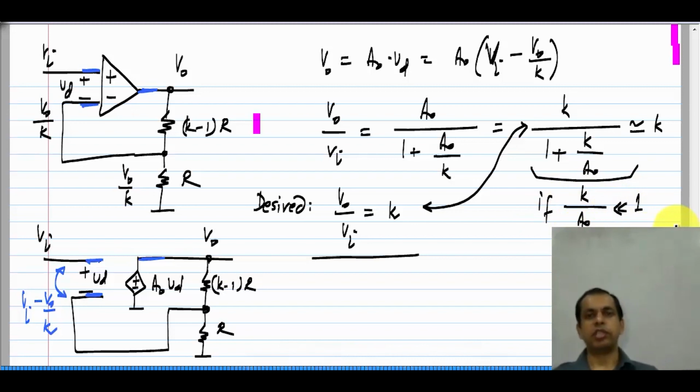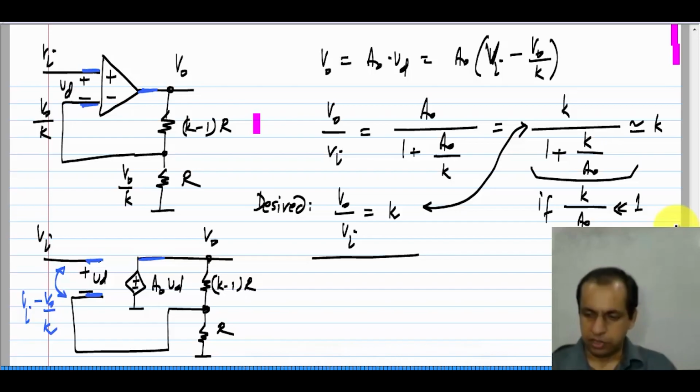Okay. So, this is where the significance of A naught being very large comes in. The op amp has a very large gain A naught. So, this K by A naught is much smaller than 1 if K is some modest value. Let us say A naught is 1 million and your K is 100. So, K by A naught is 1 by 10,000, which is a very small value compared to 1.